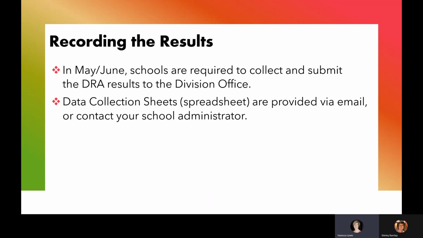So on that spreadsheet, you have to look down to the bottom because there will be a number of different tabs to click on, corresponding to each of the different reading levels. I'm just drawing your attention to that so that you're looking for it when you're entering the information.